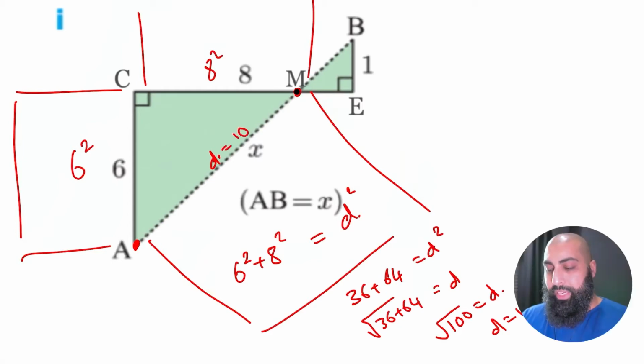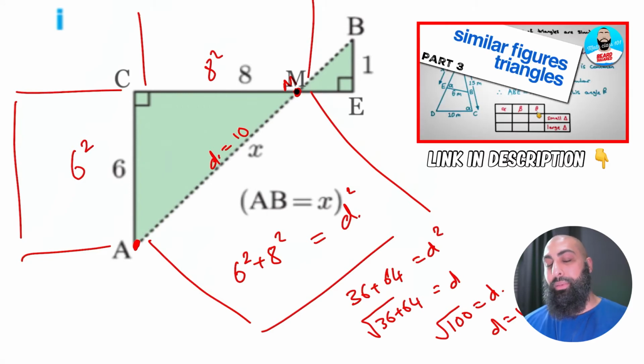So what's left then is for us to work out from this intersection point to the value of B, this distance from the point M to B. We want to find out what that value there is. Now, what's missing here is not just Pythagoras, it's similar triangles. We're going to be using similar triangles here.